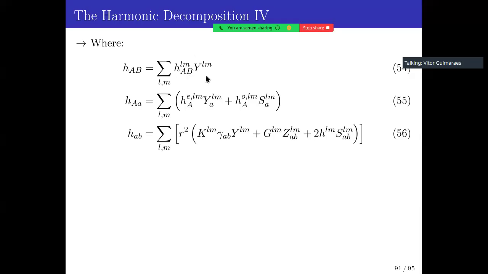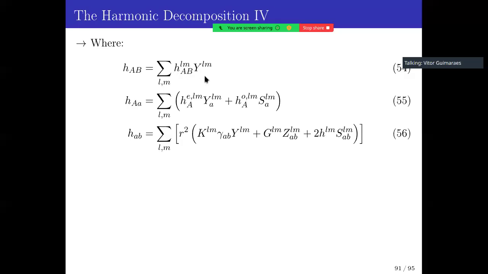Remember that the scalar spherical harmonics form a complete basis for scalars on the two-sphere. And here is exactly what we are doing. This is the basis, and here we have scalar functions with respect to the two-sphere, but not scalars with respect to the full manifold, right?